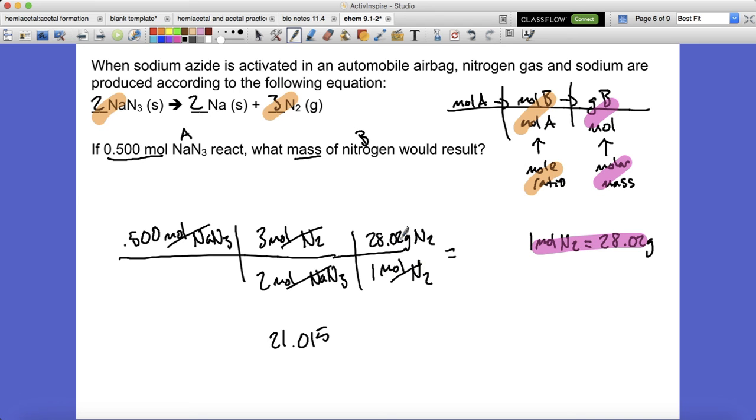And my label is going to be grams of nitrogen, but also I have to take care of sig figs, remember. This 0.500 that I was given to begin with has 3 sig figs, so I need to round this to 3 sig figs. So I'll do that real quick. 21.0 grams of nitrogen. That's going to be my answer for this.